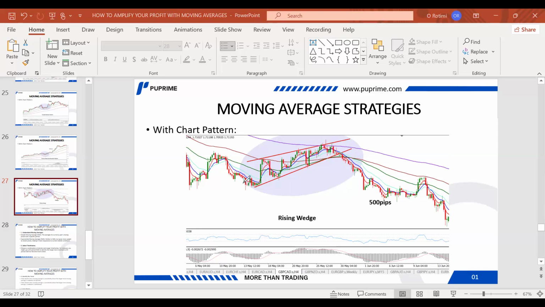A rising wedge pattern reverses from uptrend to downtrend, in line with the overall bearish trend that we have on this currency pair. This generated for us 500 pips on GBP/CAD. GBP/CAD is equally a very volatile currency pair. So here again, we match the moving average with a chart pattern to generate a trading signal.